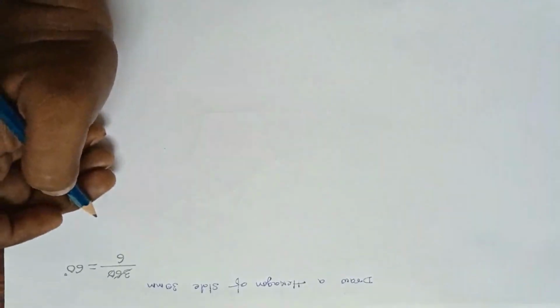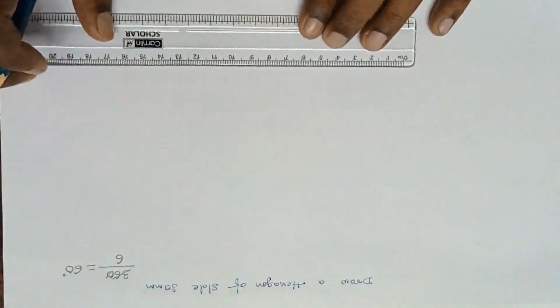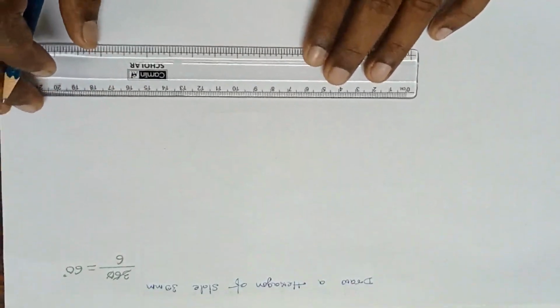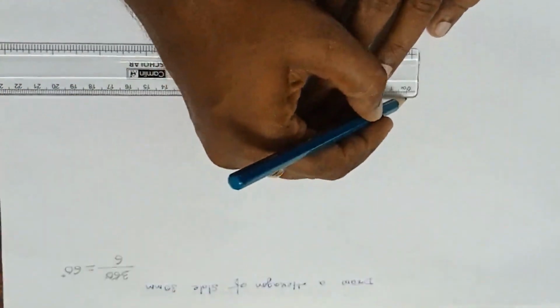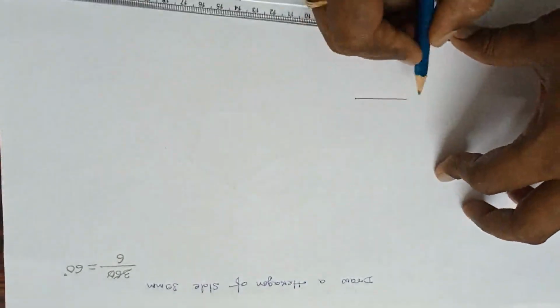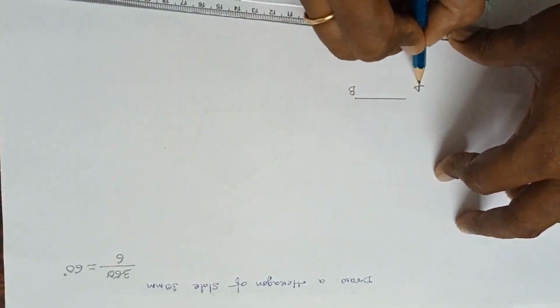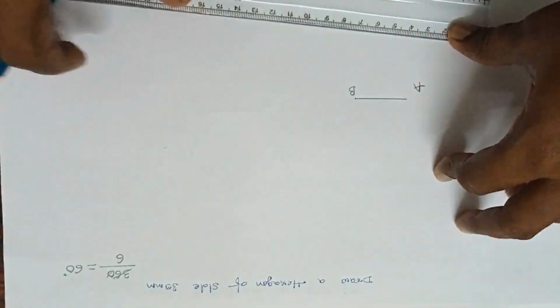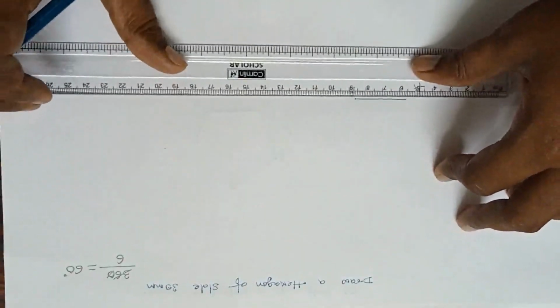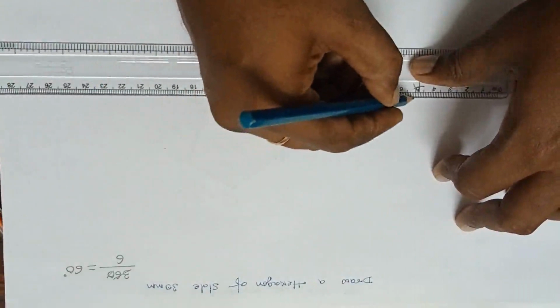So now what to do? What I have to do is take the length 30 mm. Done. Now I'll call this line A and B. In the same way, what about the exterior angle? The exterior angle is 60 degrees.